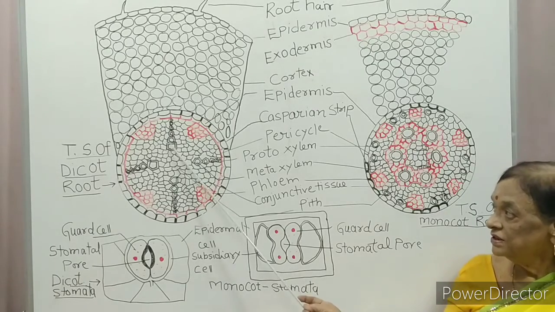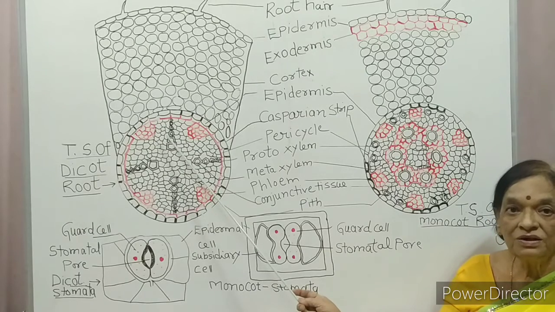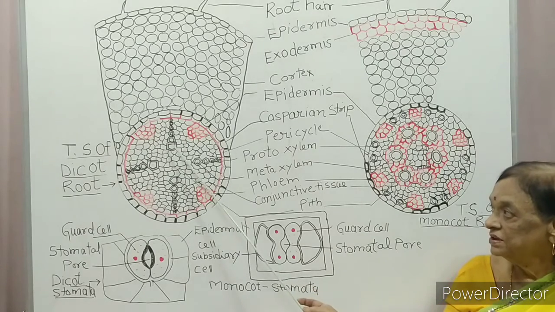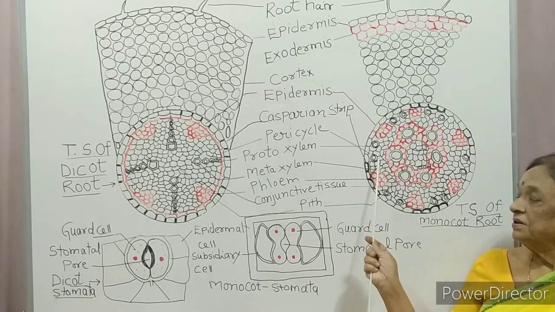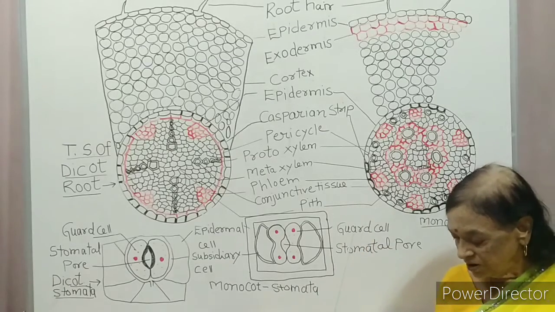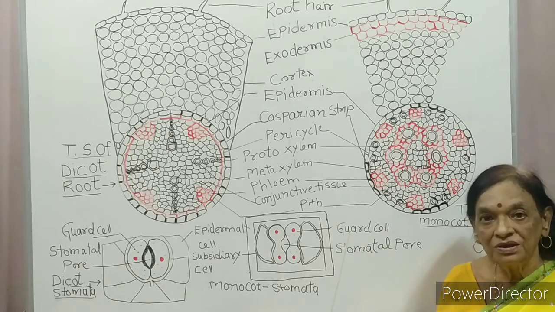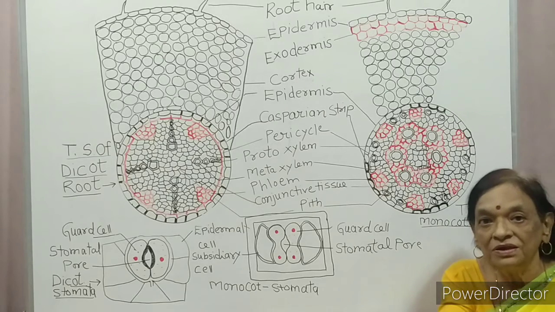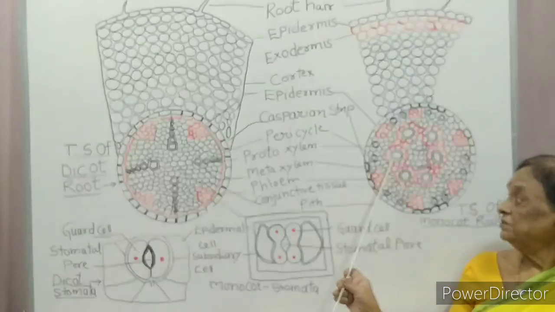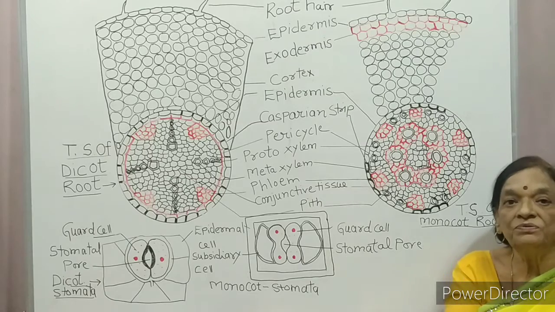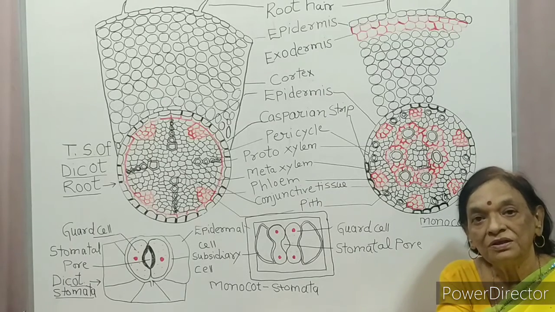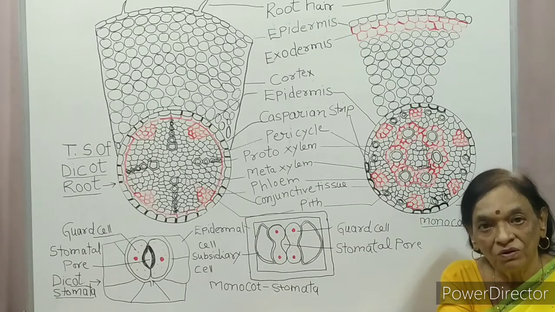Then here xylem is linear. You can see the xylem vessels placed one above the other. Here xylem is V-shaped. In our book, the shape of the xylem is not proper. Just see other reference books, you will find the V-shaped xylem of monocot. It is a characteristic feature of monocot that you will study in stem and leaf also.